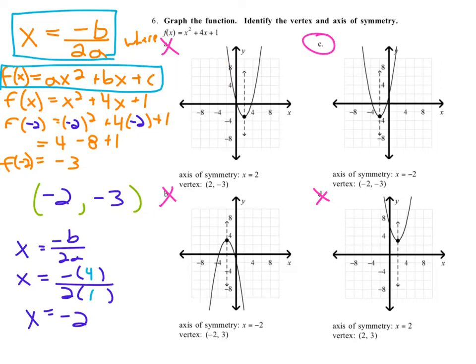That'll be the vertical line at that point. And then you can plug that value you got for x back into the equation to find the resulting y value, and those x and y coordinates will be the vertex point.